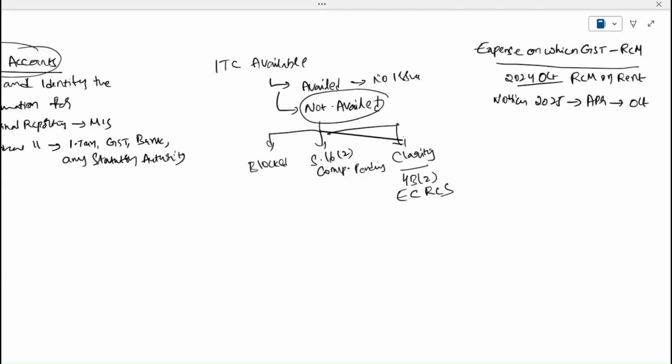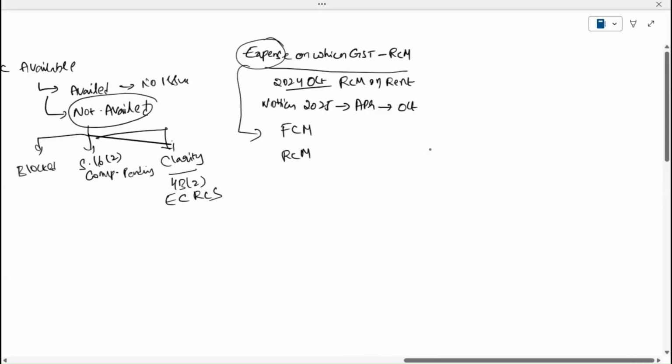Now, what is there for us to understand? When we account for expense, we need to have clarity. Expenses which are under forward charge, expenses which are under reverse charge mechanism. Like the example, the rent. Rent where my landlord charges under forward charge, rent on which I pay under reverse charge.